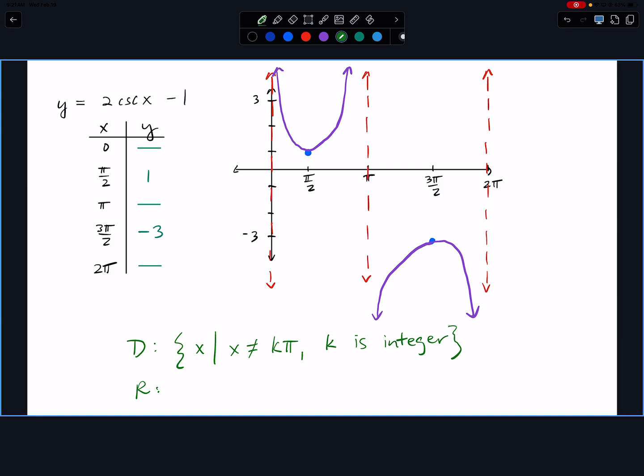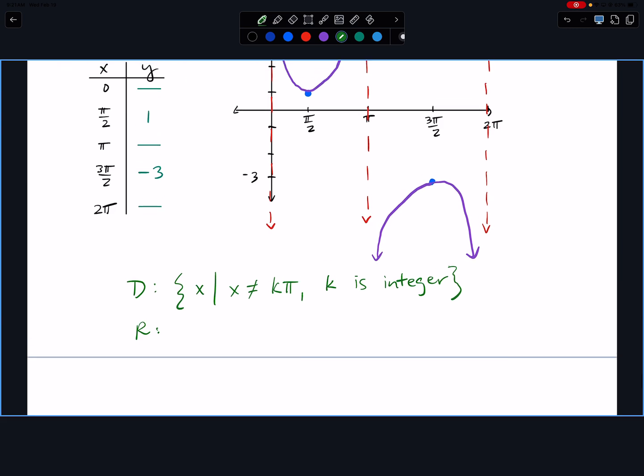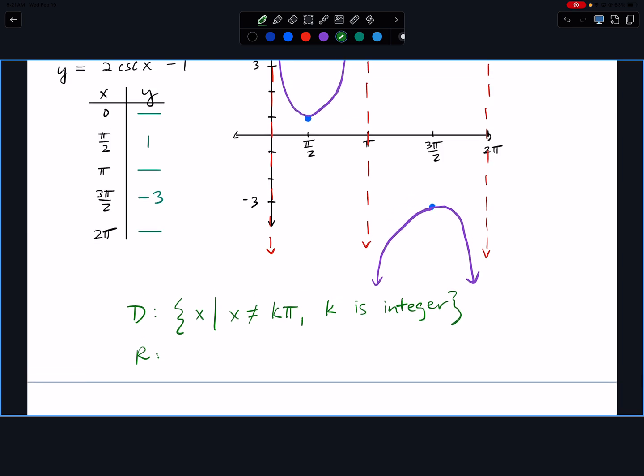So that means when I write my range, what symbol do I have to include in the range? A union, because I'm skipping all this. There's nothing in between that the graph is touching, okay? So start with the lowest number. Do you guys agree the lowest number would be negative infinity? So negative infinity all the way to -3. And then union 1 to infinity.